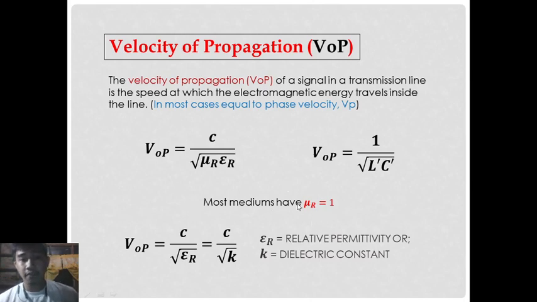Most mediums have a relative permeability of 1. So, the velocity of propagation can also be calculated as the speed of light over the square root of the relative permittivity, or the speed of light over the square root of the dielectric constant here.